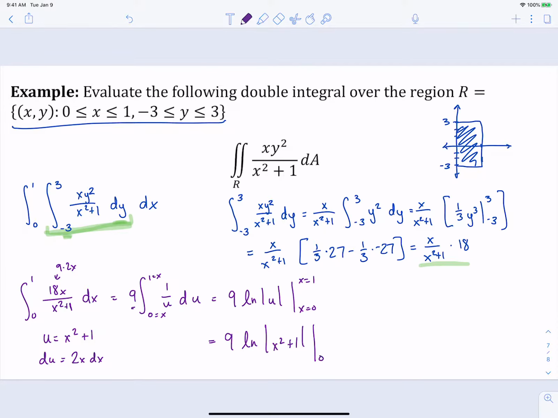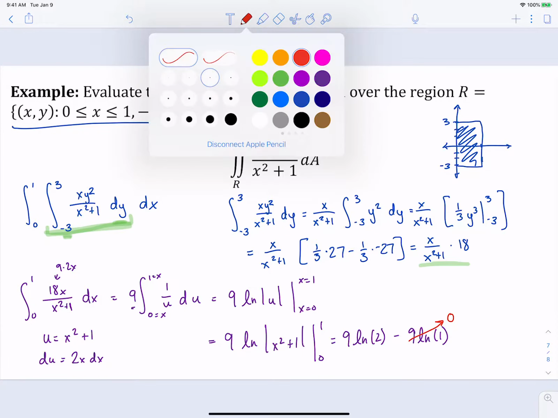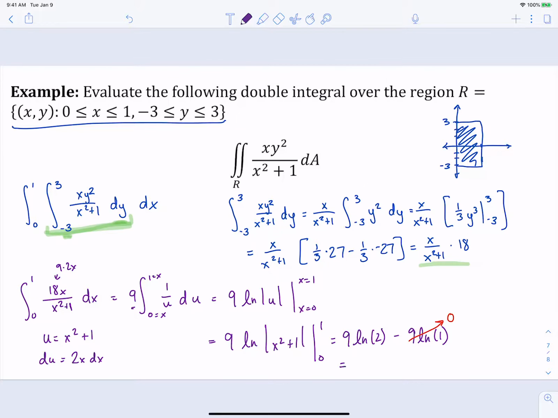Since that's always positive, we don't actually need those absolute value bars. But we can go ahead and do our fundamental theorem of calculus, and we get 9 times the natural log of 2 minus 9 times the natural log of 1. Natural log of 1 is 0, and so we end up with 9 times the natural log of 2.